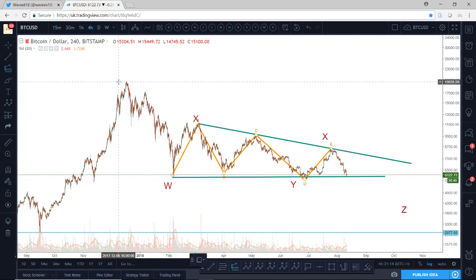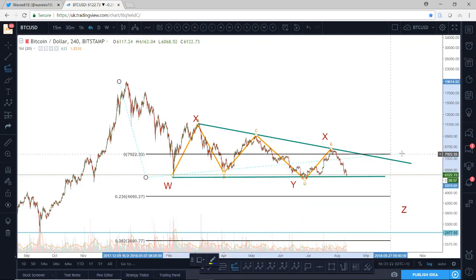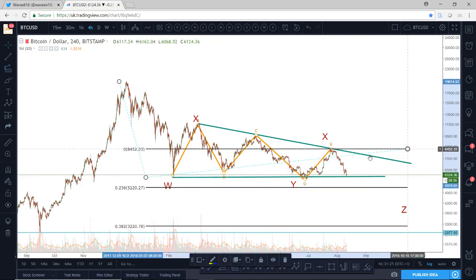So I believe there'll be a 0.382 Fibonacci extension of wave W. So if that's our wave W, we extend that from the start of this final wave, which will be where the triangle finishes. I believe we'll come down to this, roughly around this 0.382 Fib extension, which is around the 3,200 mark. And there is a very nice horizontal support at 3,000.